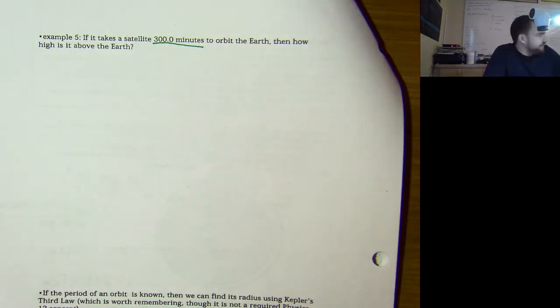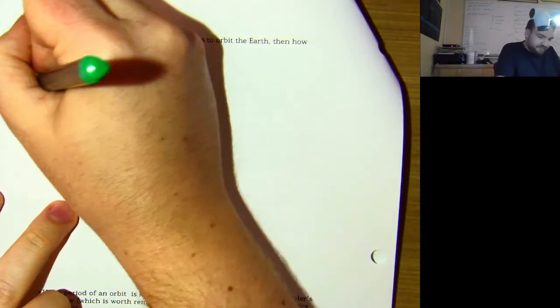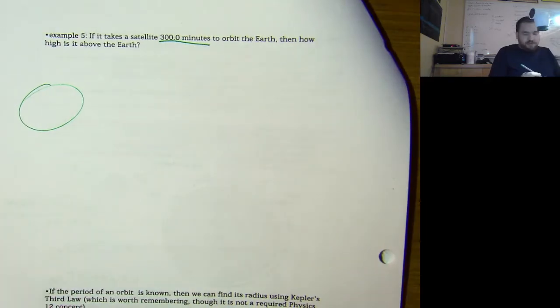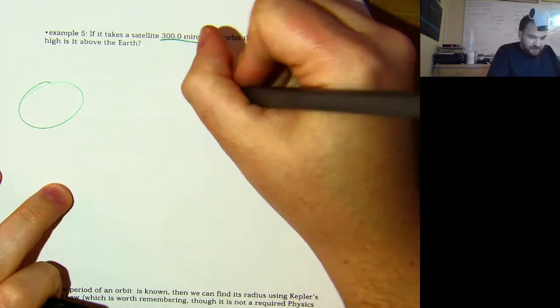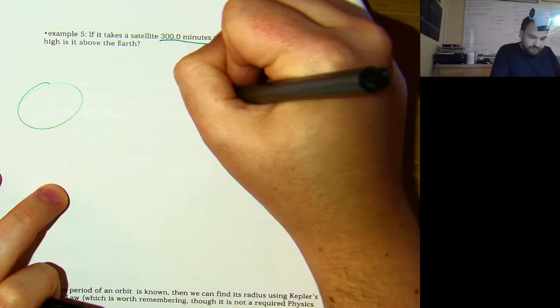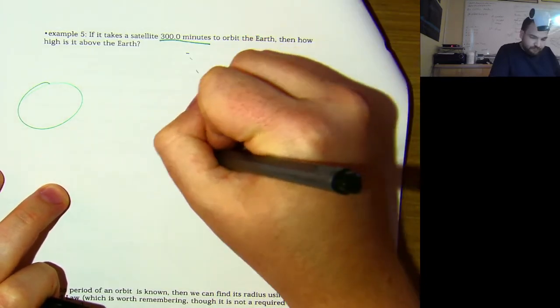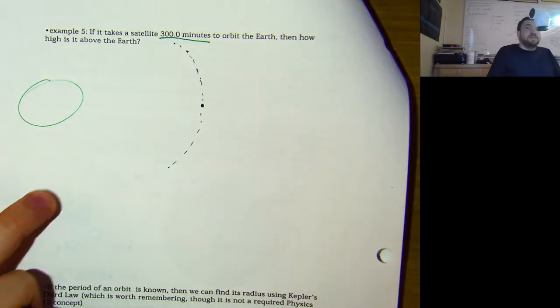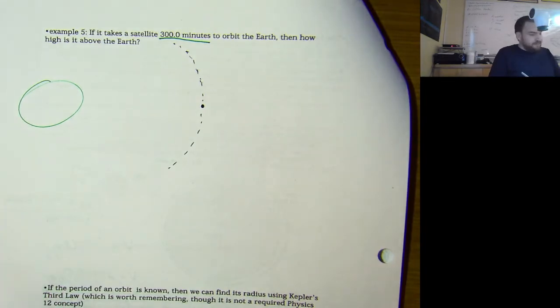We're going to need a few things. Let's draw the picture first. There's our Earth. Somewhere out here, we have a satellite in orbit. I'm going to add the circular nature of its orbit. The question says, how high above the Earth? None of the formulas that we deal with take that into account.